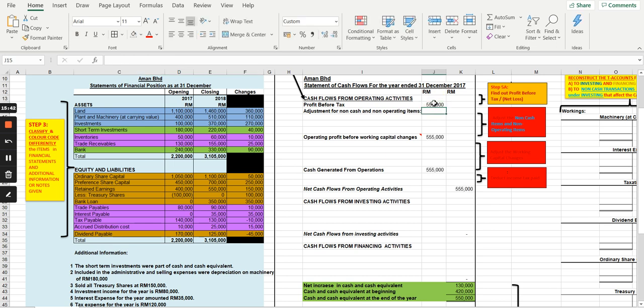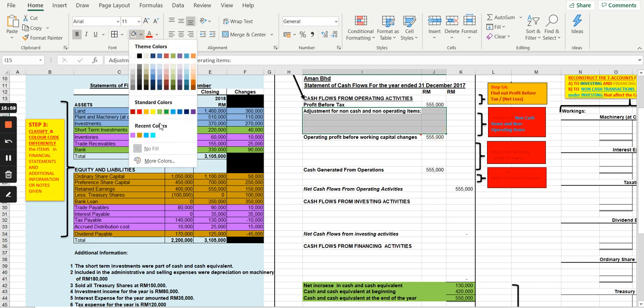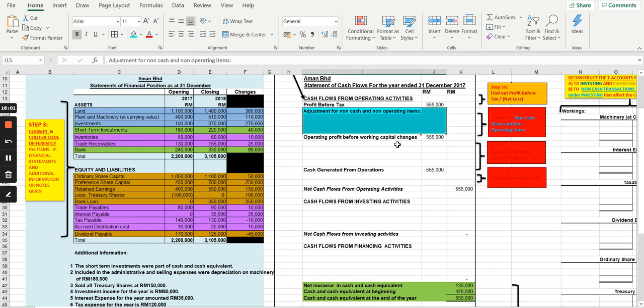Then we will look for the adjustment of non-cash and non-operating items. For non-cash and non-operating items, I'm going to use turquoise. I'm going to put a color here, and this is turquoise. So let us find what the non-cash and non-operating items are.